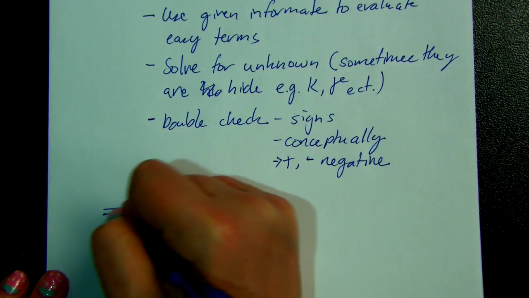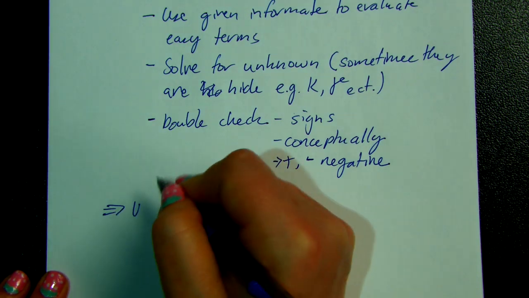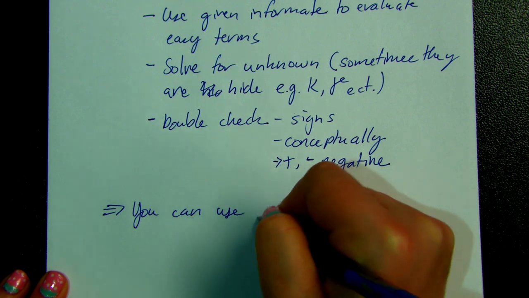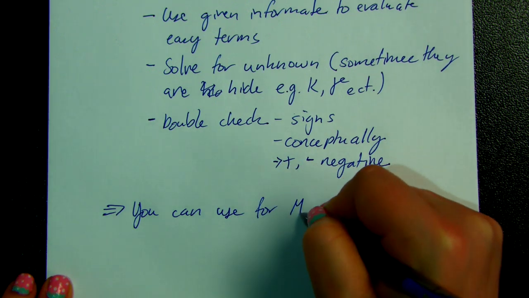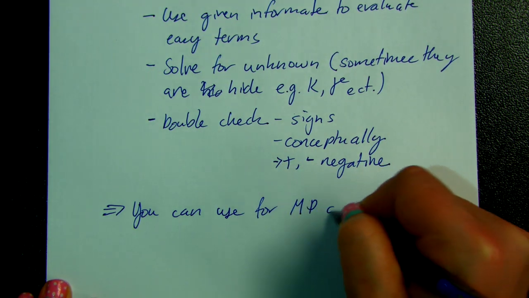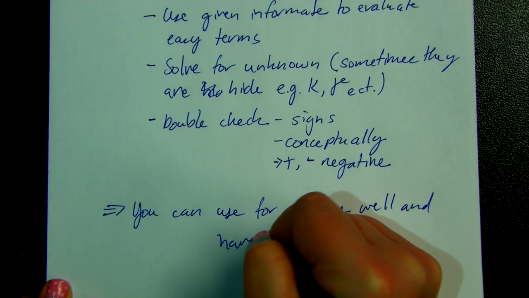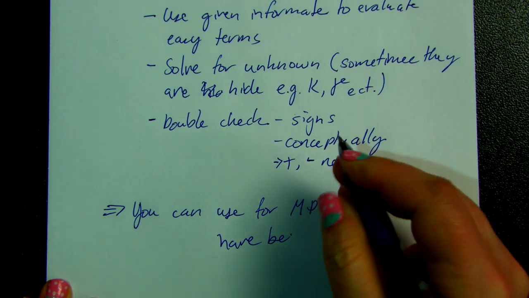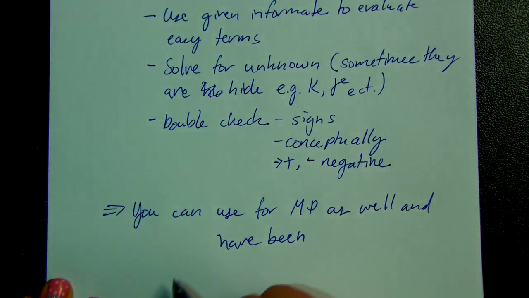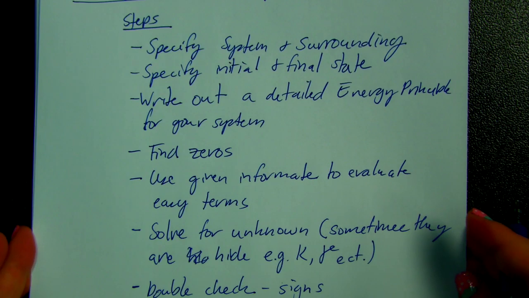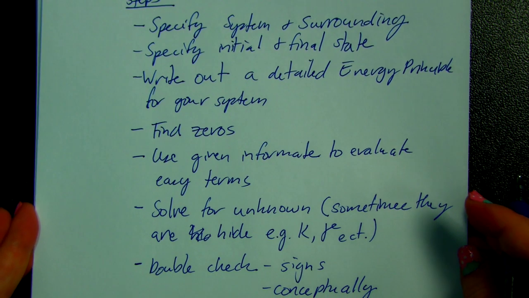By the way, you've been using this for the momentum principle as well, but now you have it explicitly stated. So your book goes into more detail on intelligent plug and chug, but these steps really are the basis of it.